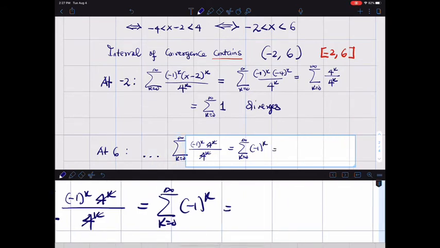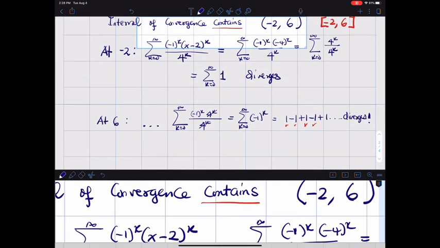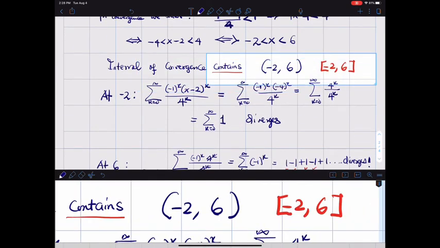This is the same thing as 1 minus 1 plus 1 minus 1 plus 1 minus 1, and so forth. This diverges because it doesn't add up to one thing. It oscillates between 0 and 1. It diverges, happily diverges. So at the endpoints, there is no convergence.